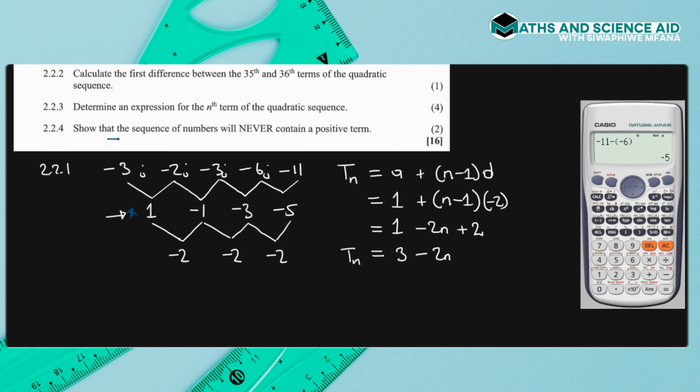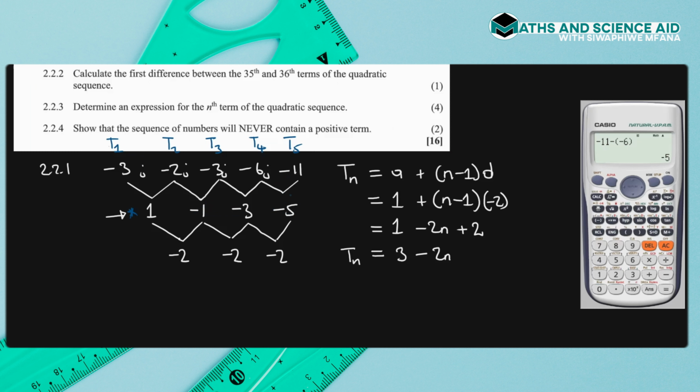Note that here, this is our first term of the sequence. This is the second term, this is the third term, this is the fourth term, and this is the fifth term. However, in the first differences, we have 1, 2, 3, 4 terms. For the first differences, you are going to have 4 terms, okay?